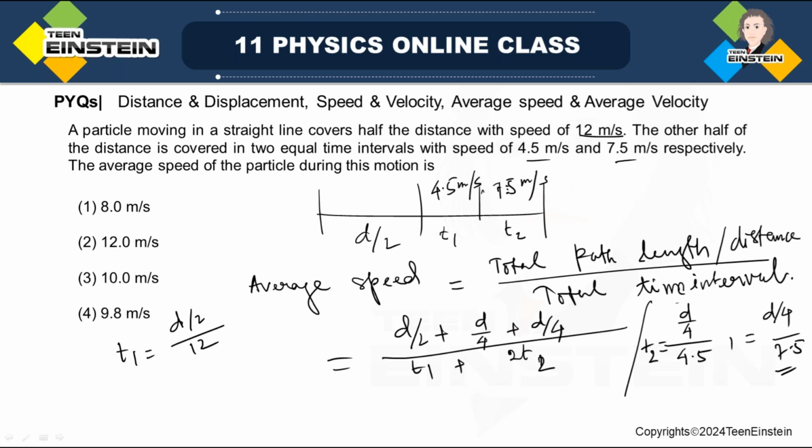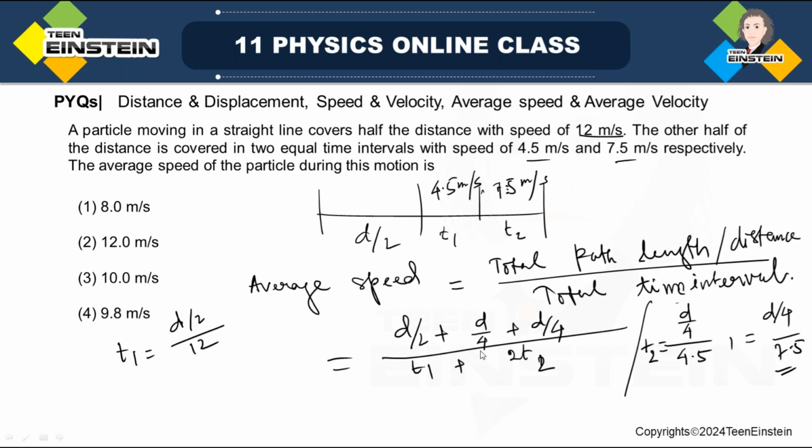The other half of the distance is covered in two equal intervals of time with different average speeds. So d by 4, here also d by 4, then d by half will come anyway, the same equal distance.